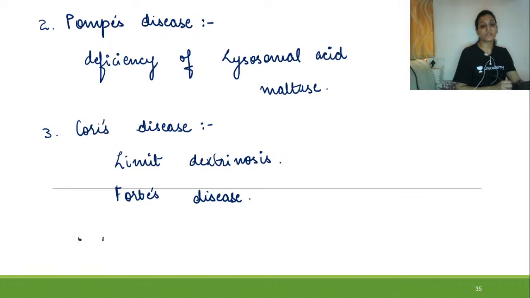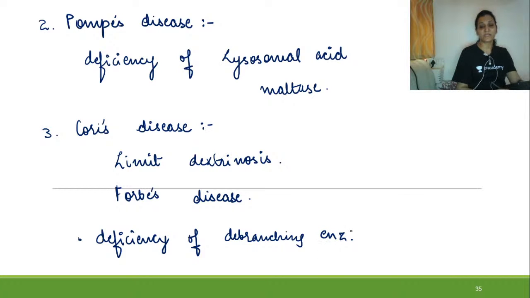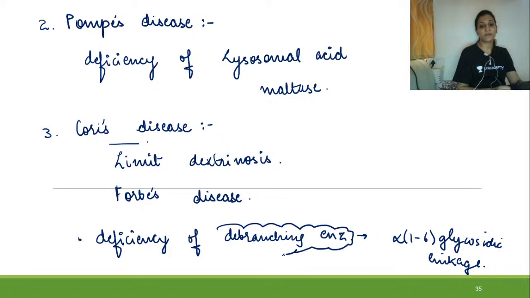There will be deficiency of the debranching enzyme, which acts on the alpha 1,6 glycogen branching points.